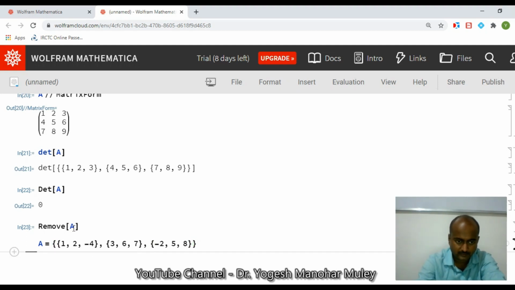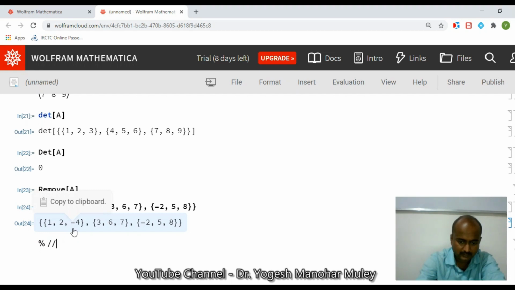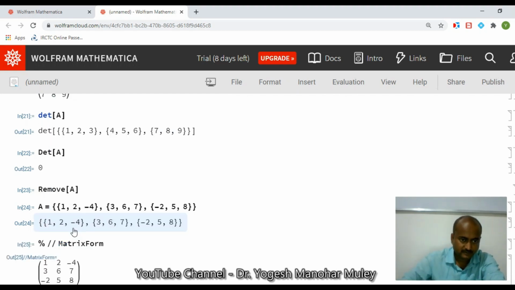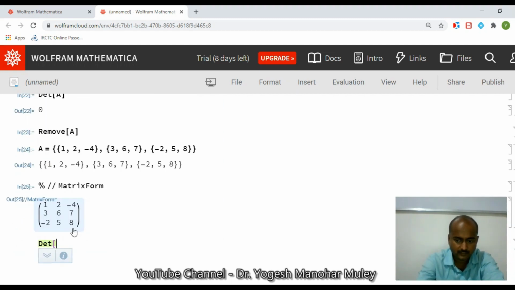Okay, so this will give us A in matrix form. Now we'll check the determinant of A, whether it is singular or non-singular. Okay, this is non-singular.